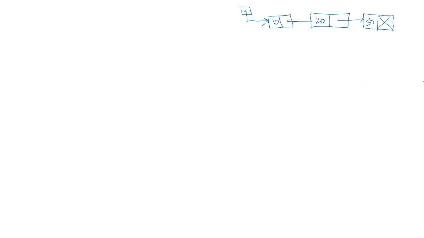Now we want to display the elements of the linked list. What we do, we define a function here, define traverse or display, whatever name you want, and there will be only one argument called self. This prints the data present in all the nodes in the linked list.